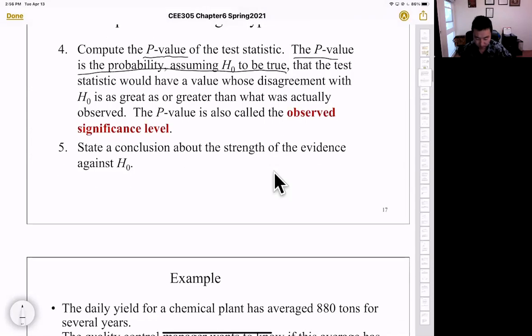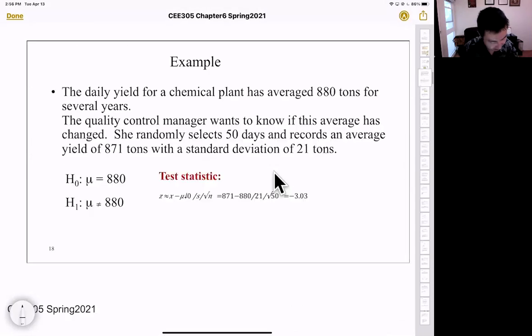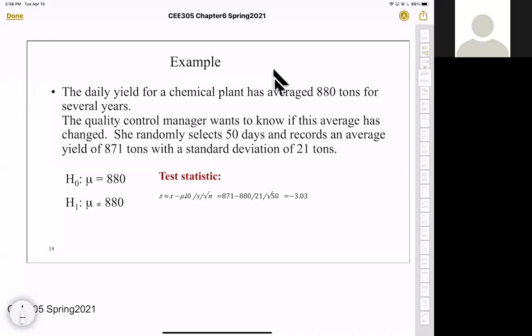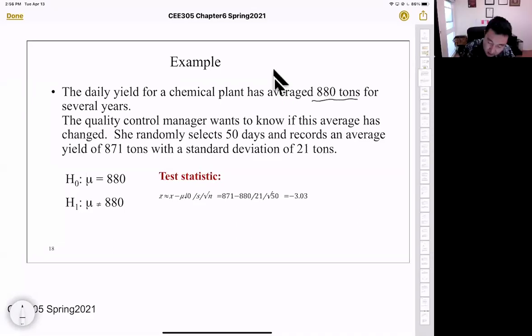Let's look at another example before we dismiss today. The daily yield for a chemical plant has averaged 180 tons for several years already. The quality control manager wants to know if this average has changed.